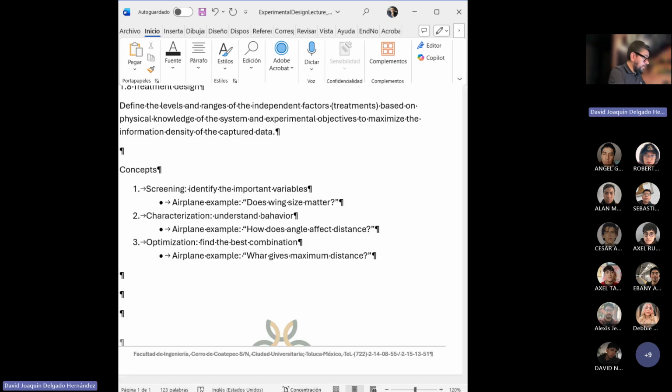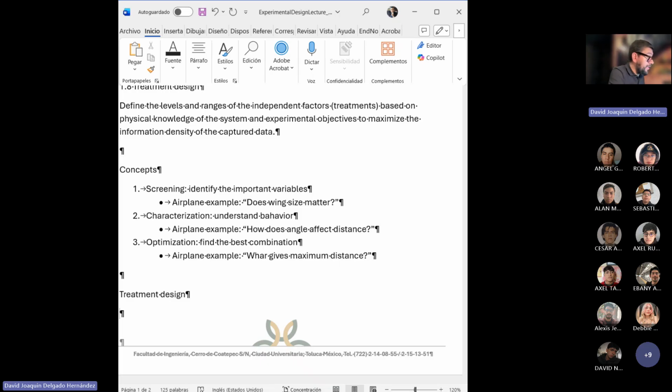So let us now talk about the treatment design. The treatment design, it's related with the space that I am going to choose between each of the values of one variable. For instance, if I am studying the angle, so I have to select two, three, four, or more different angles.